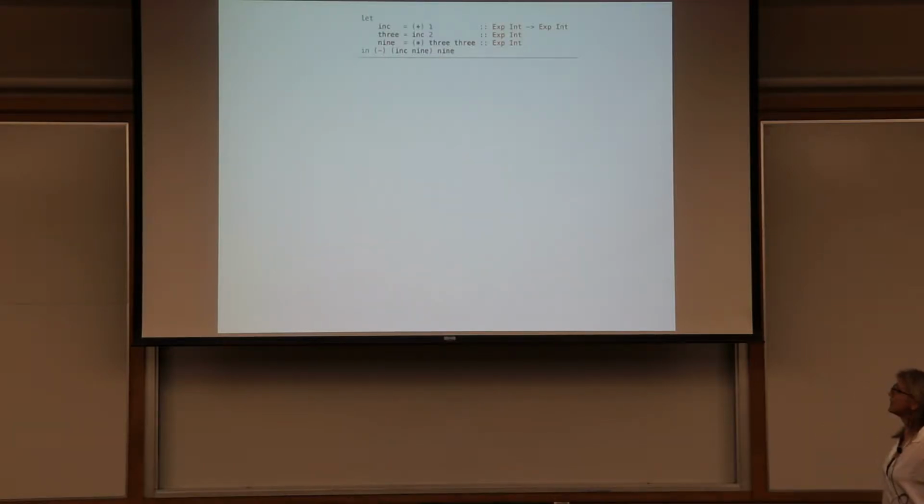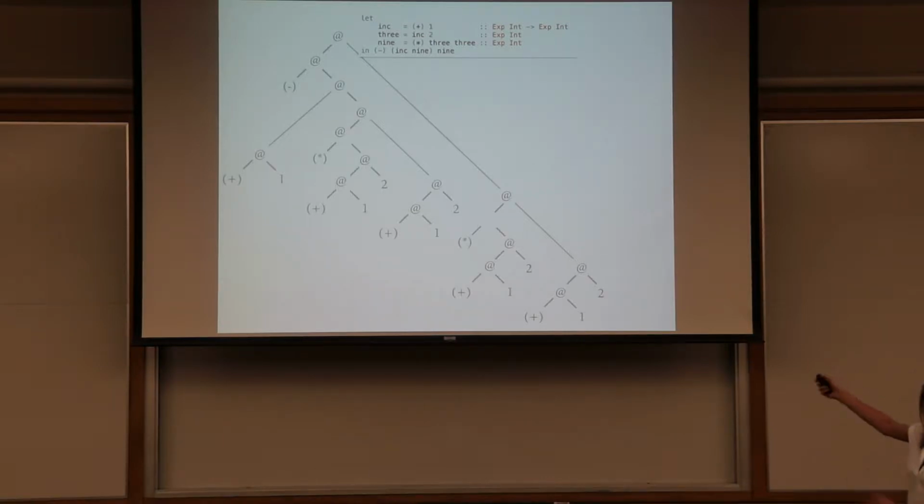So for the abstract syntax tree, conceptually, that's what it looks like. Here's the +1 function, and it's been reused all over the place. That's the expression which represents 3. And the symbol represents an application node.